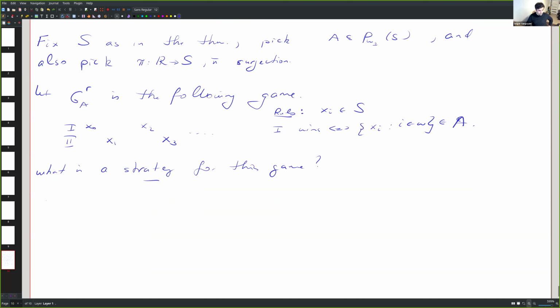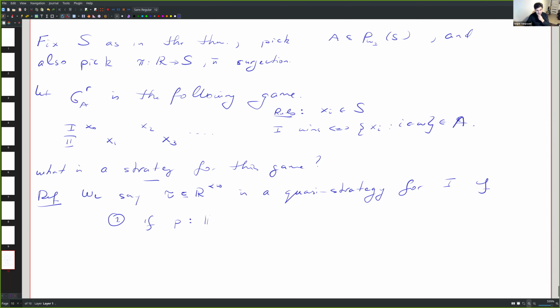Yes, so here's the definition. We say tau, which is going to be a function, a subset of some kind, is a quasi-strategy for one if, take a position in that game such that two has to respond.